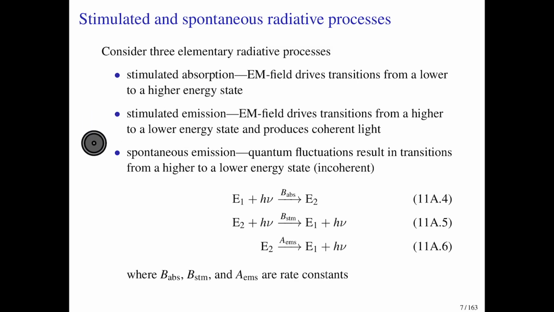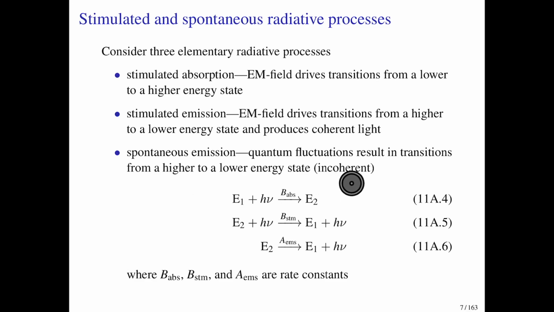Another type of emission, the one that we're probably more familiar with, is called spontaneous emission. This is a process that happens all on its own. It's the result of quantum fluctuations involving the vacuum electromagnetic field. Basically it means that excited states are intrinsically unstable, and what goes up must come down. So you have a spontaneous transition from a high energy state to a low energy state.